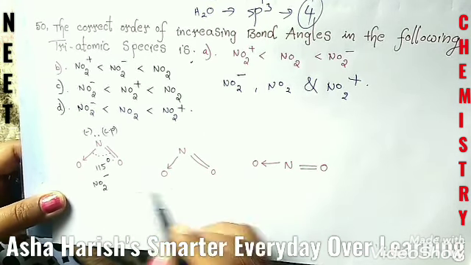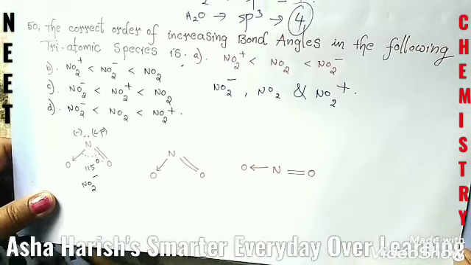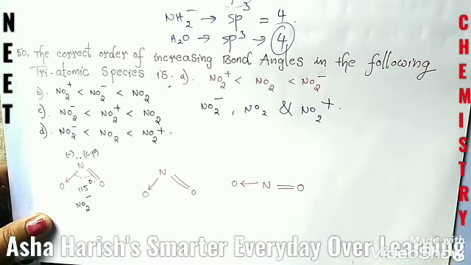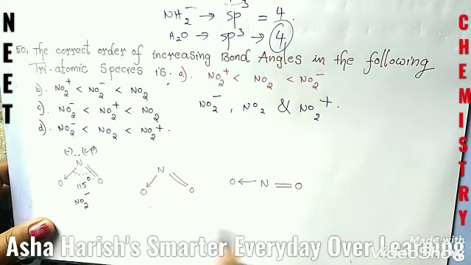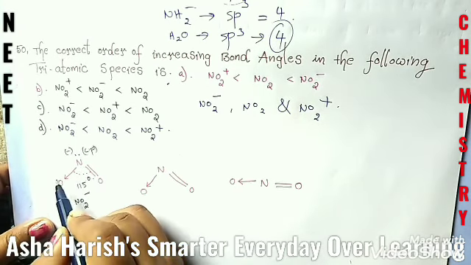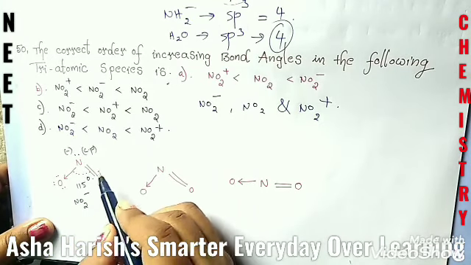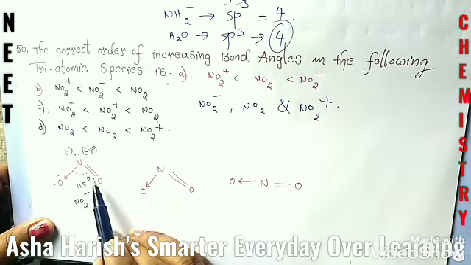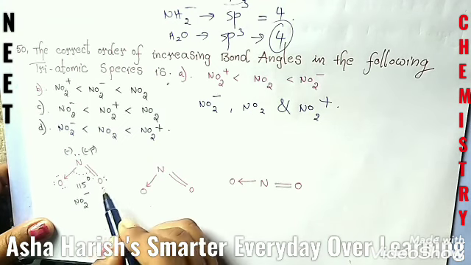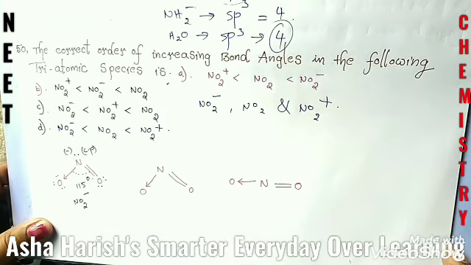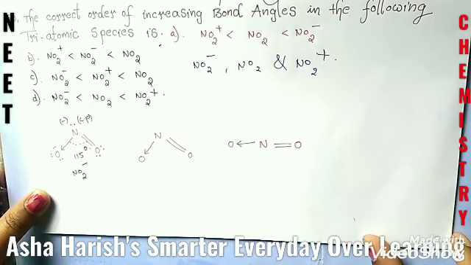Here also the surrounding atoms are oxygens, and around them are 3, 4, 5, 6 lone pair electrons. Here students, a double bond has already been formed, so only 2 lone pair electrons are located. Okay, right.